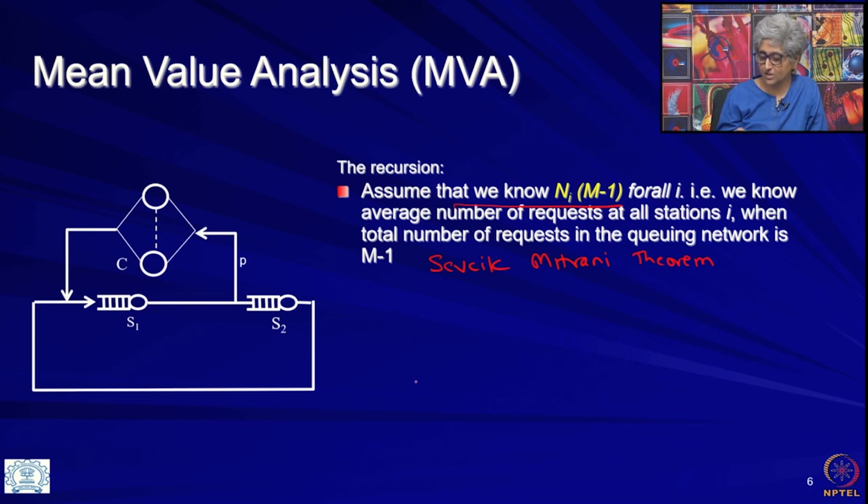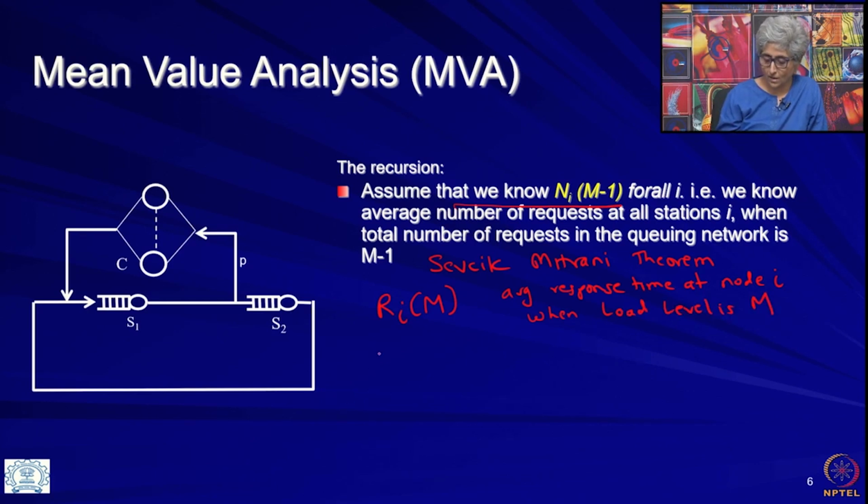This gives us a major hint to be able to write R_i(m). What is this? This is the average response time at node i when load level is m. To reason through this, it is a standard old reasoning we can do.